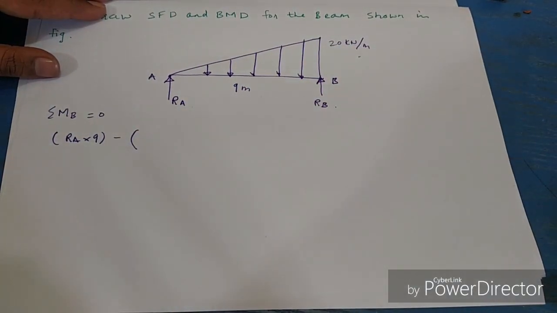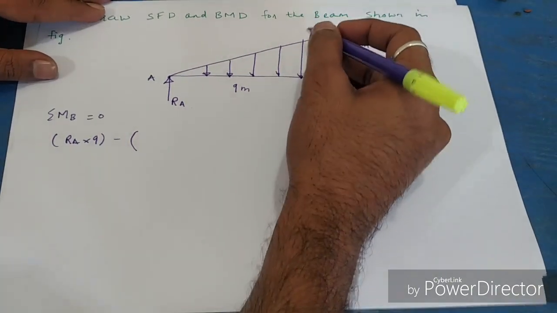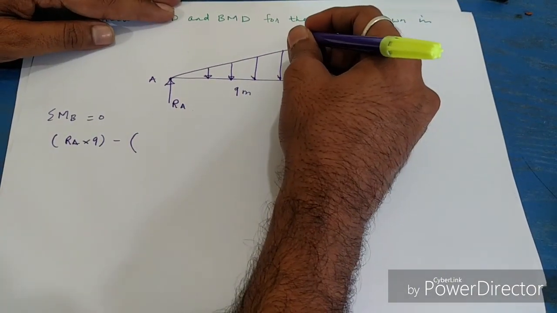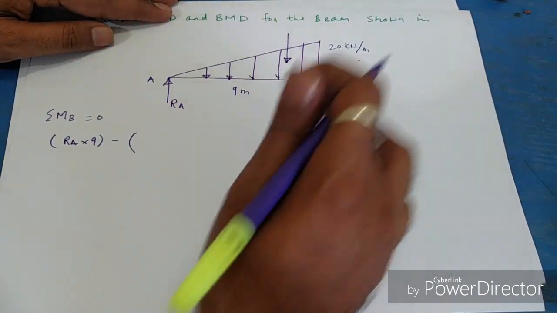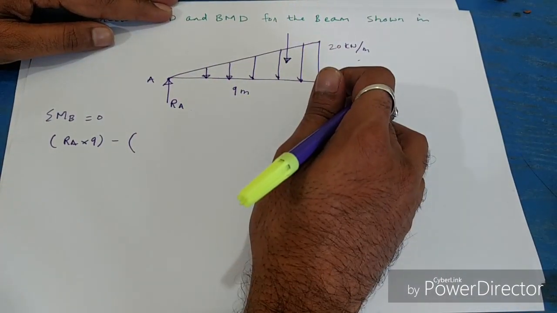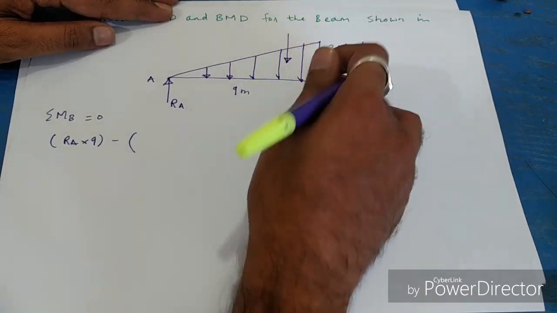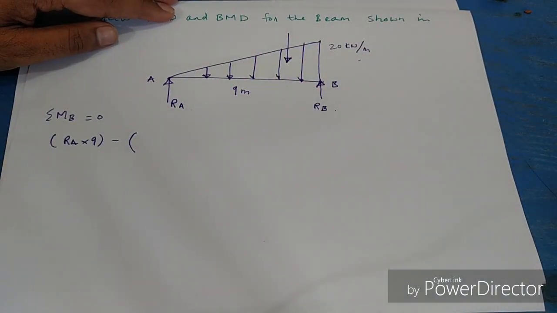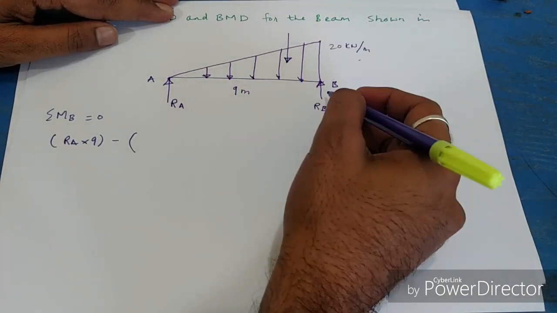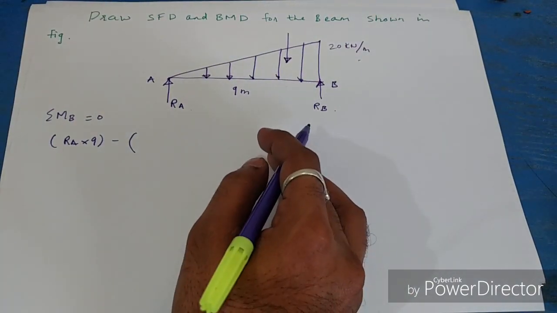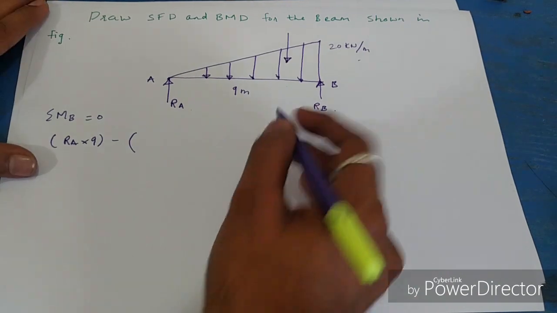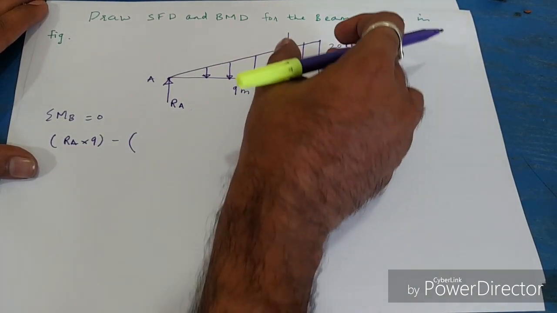We need to see where the total load of the UVL is acting. It will be acting at the centroid of the area, and you see the arrangement of the loading is just like a triangle, and the centroid will be here.